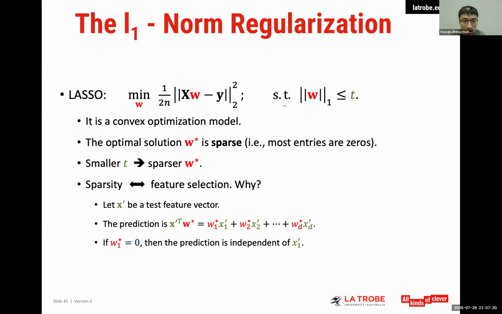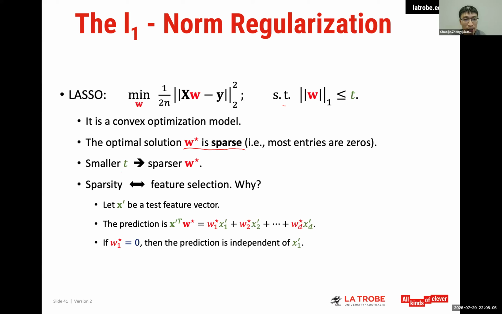So here is the summary for the Lasso regression. Again, it is a convex optimization model. And the optimal solution W star is sparse. That means some of the entries in this weight vector can be exactly zeros. And T is a hyperparameter.